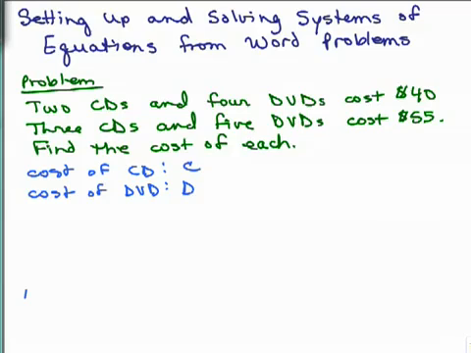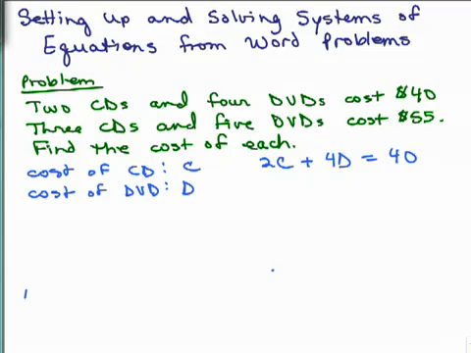Let's look back at the sentence. 2 CDs and 4 DVDs cost $40. If each CD costs C dollars, two of them will cost 2C. But you want to add that to the cost of 4 DVDs. Each DVD is D, so that's 4D. That's how much all the DVDs cost, and altogether it says that costs $40.